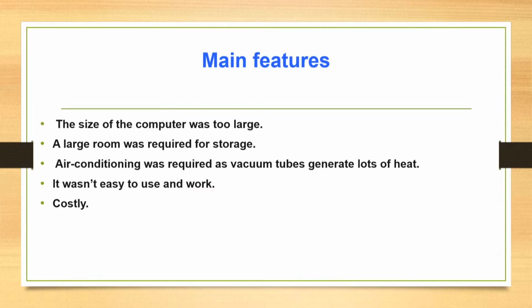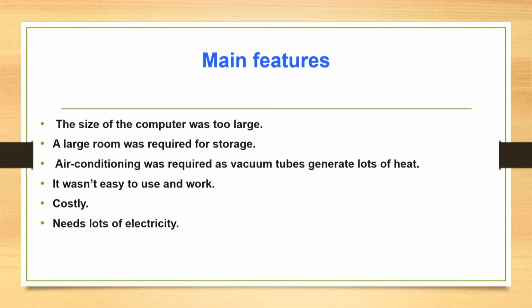So, there is no direct interaction of the programmer with the computer. There is an operator who is the intermediate between the programmer and the computer. That is why we say that it was very difficult to work, and obviously it was very costly.